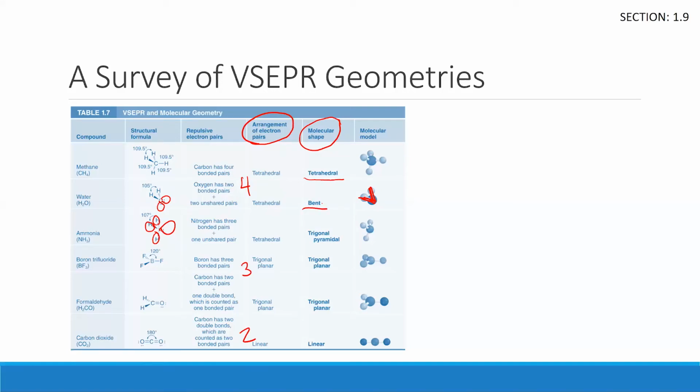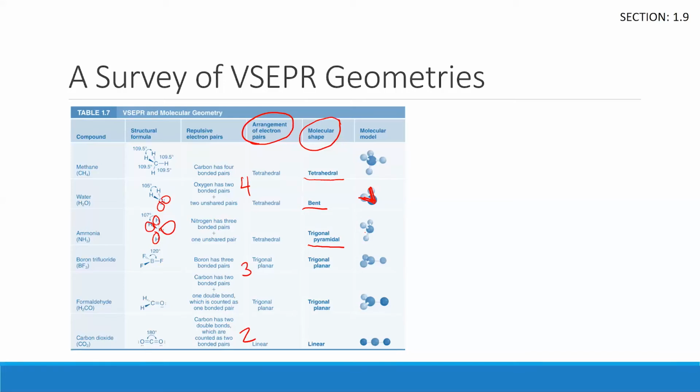And similarly for ammonia, if you only have 1 lone pair, but you have 4 groups in total, you get a trigonal pyramidal shape. So different variations you can have when you have 3 things attached.